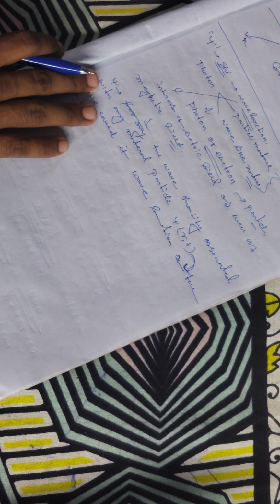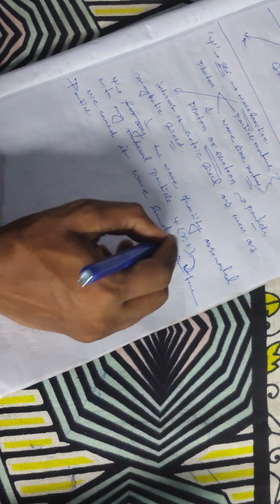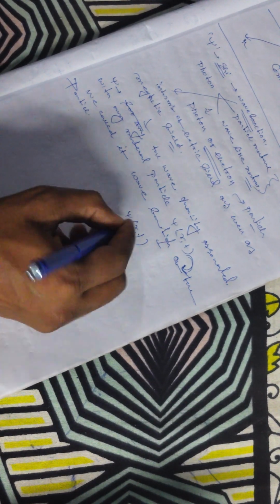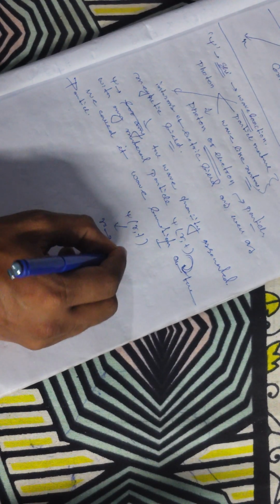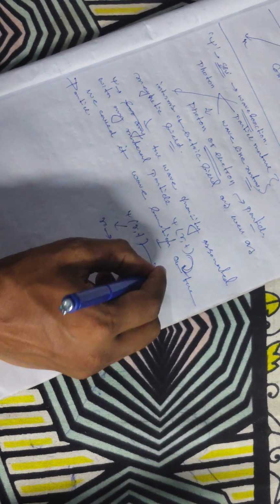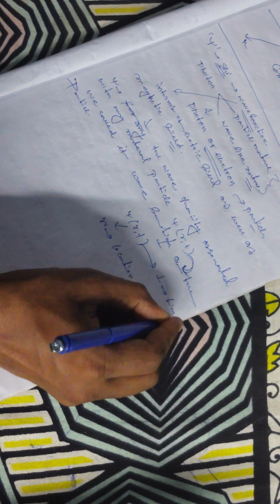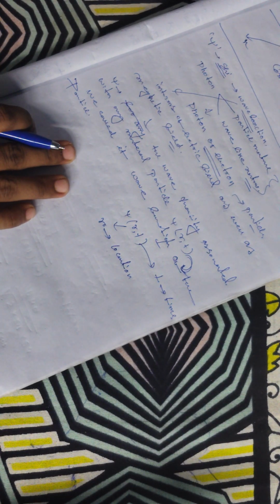Here, this function is said to represent the state of the particle, and it gives the location. You can see psi of r comma t, where r represents the location and t represents time. Clear? The value of psi changes with time t, and at a given time its value is different at different positions.